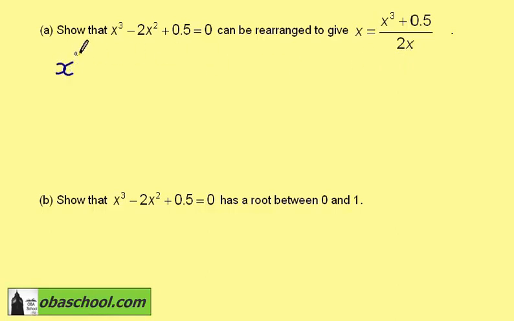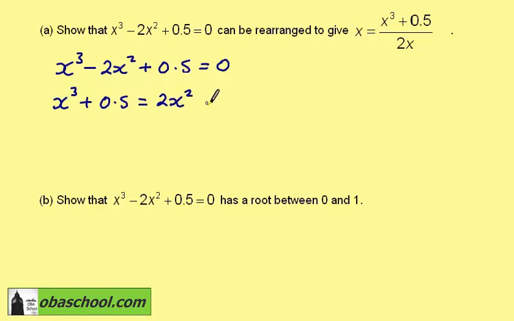Let's start with x cubed minus 2x squared plus 0.5 equals 0. If we rearrange this to give x cubed plus 0.5 is 2x squared, and then just change the sides, so we have 2x squared is x cubed plus 0.5, we can note that 2x squared is 2x times x.